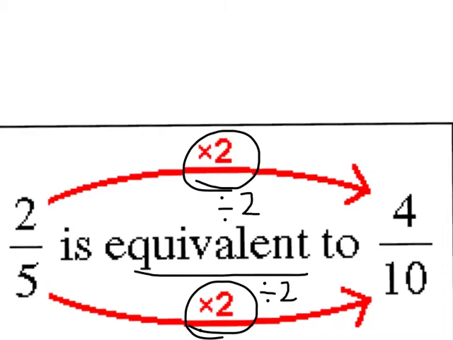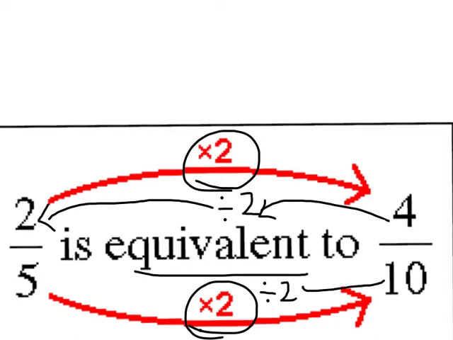So 4 divided by 2 is 2, and 10 divided by 2 is 5. So there you go. If you're wanting to expand the fraction, you multiply. If you're wanting to reduce the fraction, you're going to divide, but it has to be the same number top and bottom.